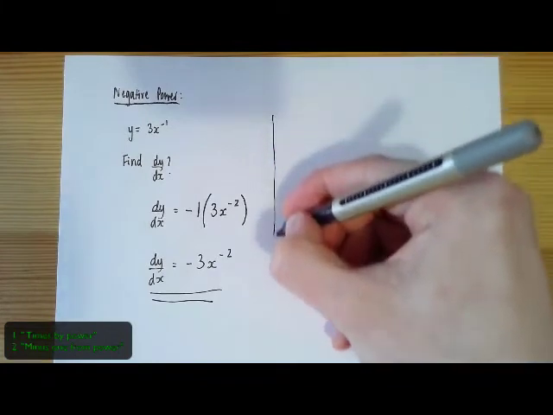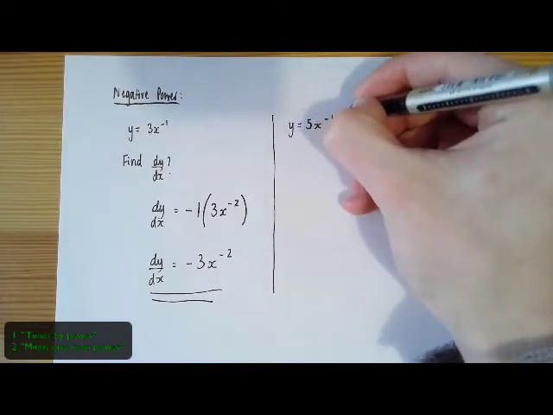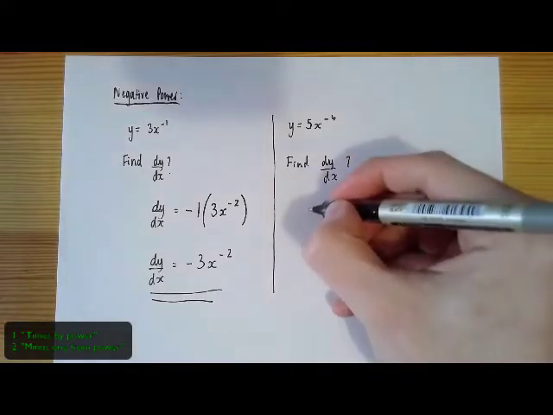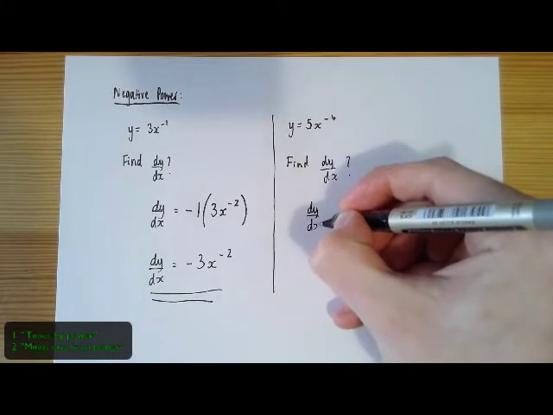Let's have a look at another example. So here we're given y equals 5x to the negative 4, and we want to find dy on dx. So I'm going to write down dy on dx.